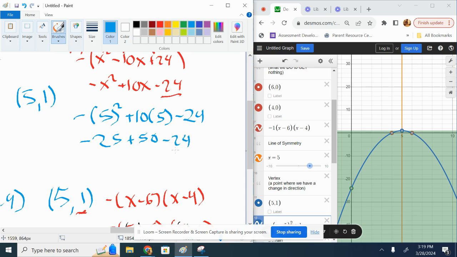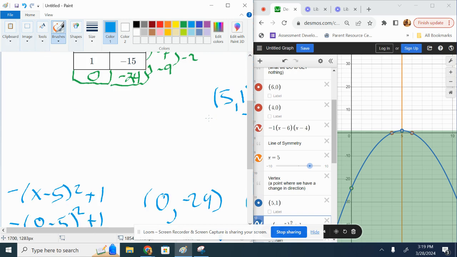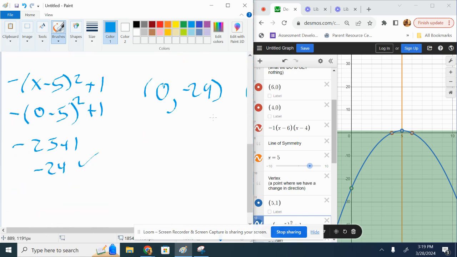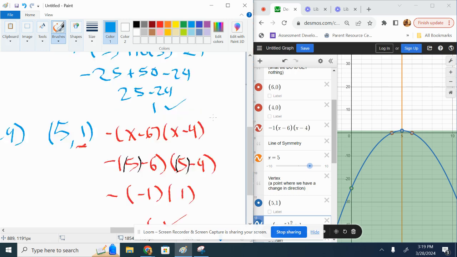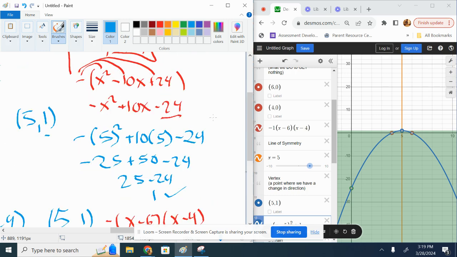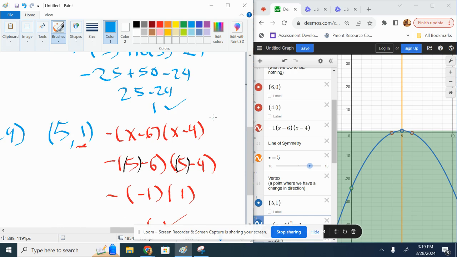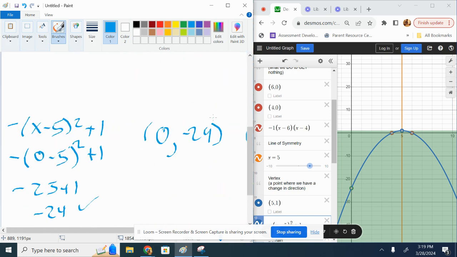And then minus 24. 25 minus 24 is indeed just 1. So it lines up. So I just verified my 3 equations by using points that I had not used before to create those equations. I used my vertex for my standard form and my factored form, and then I used my y-intercept to check my vertex form. Cool, thank you.